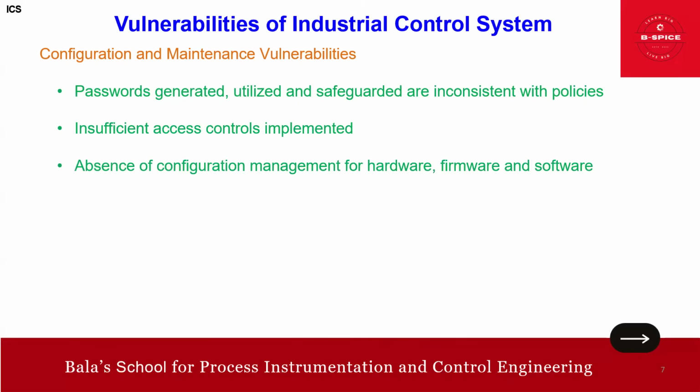Then absence of configuration management for hardware, firmware, and software, right? The organization may lack visibility into its inventory, the versions in use, their location, and their patch status, resulting in an inconsistent and ineffective security posture.